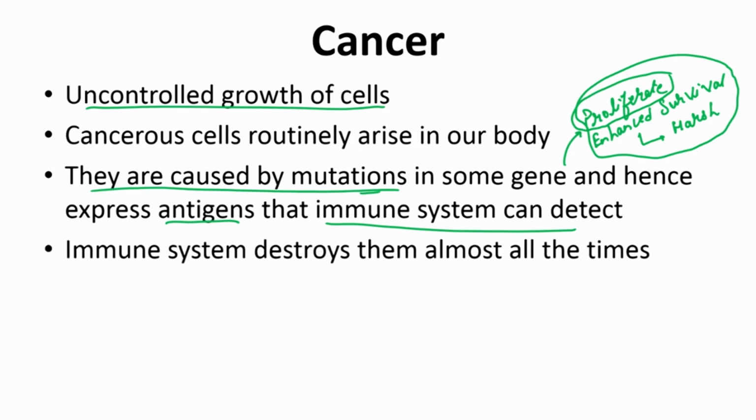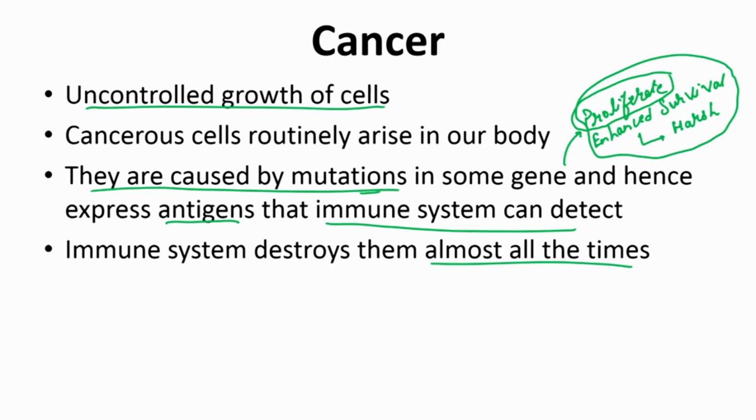And this happens, as I said, at a much higher rate than we know. The immune system continuously surveys for these cancerous cells being generated, and almost all of the time the immune system is very adept at destroying them.